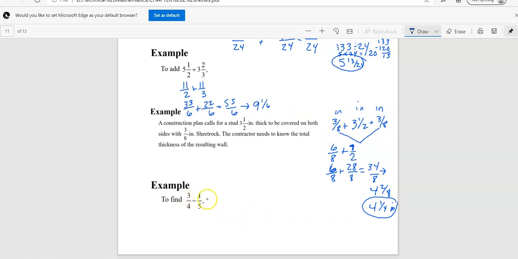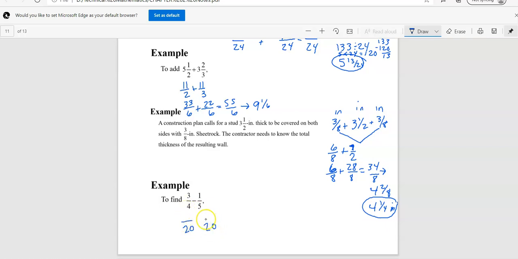Now, what do we do when we subtract? Well, pretty much the same thing. You've got to have a common denominator. So let's just think about this. We're going to look for the least common denominator. We can use a strategy we used before, but a number that both 4 and 5 will go into, well, that's going to be 20.